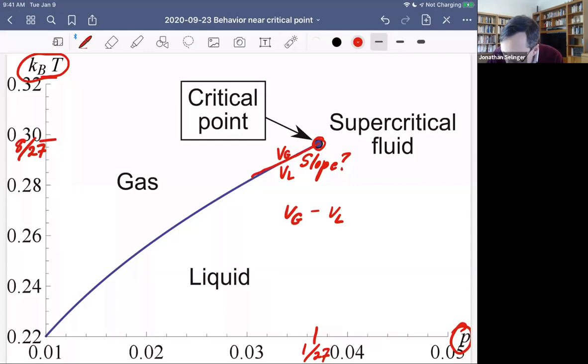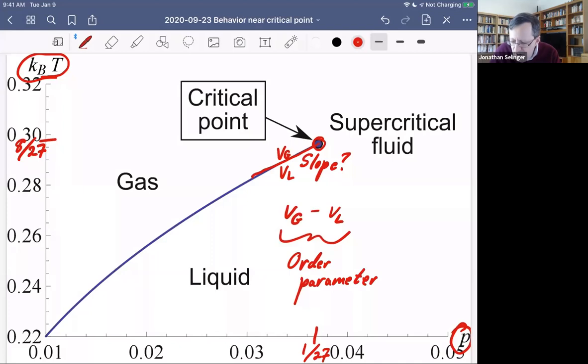That is a kind of order parameter here. It's showing how different the two phases, the gas and the liquid, are, the same way that the magnetic order parameter in the Ising problem tells us about how different the spin up and spin down phases are.